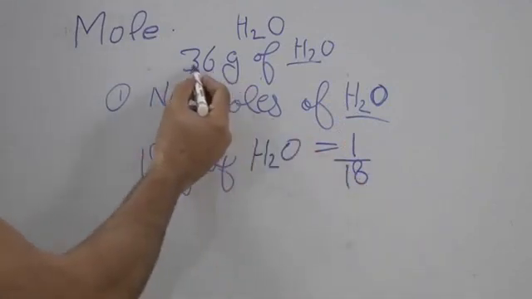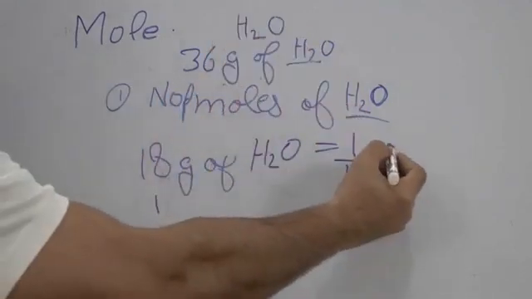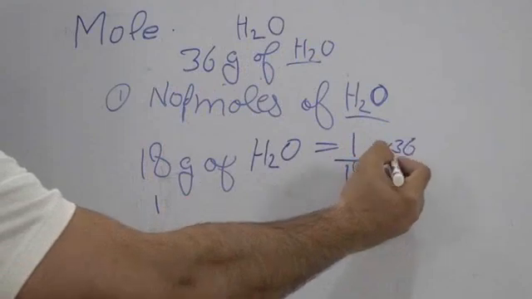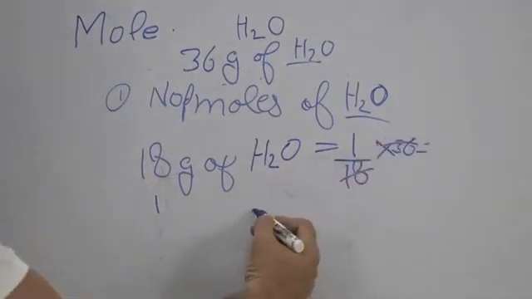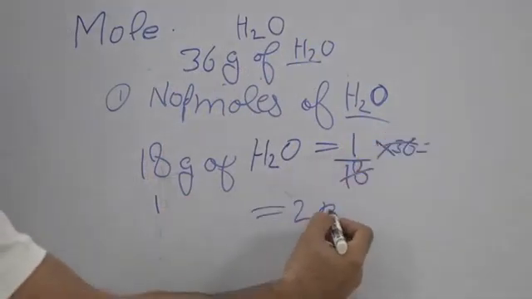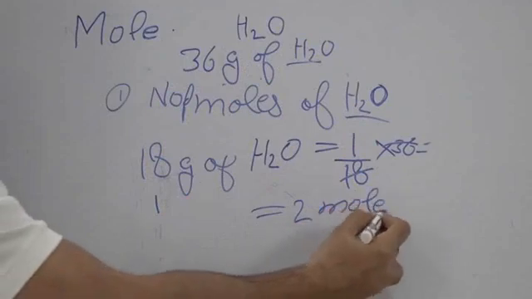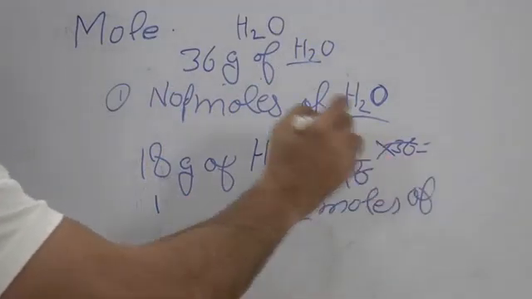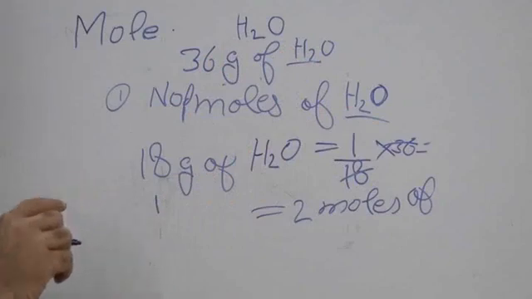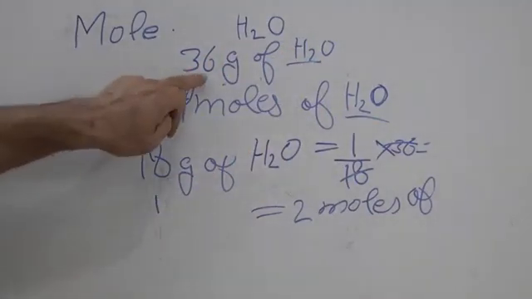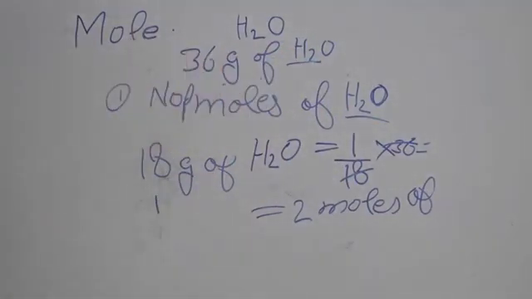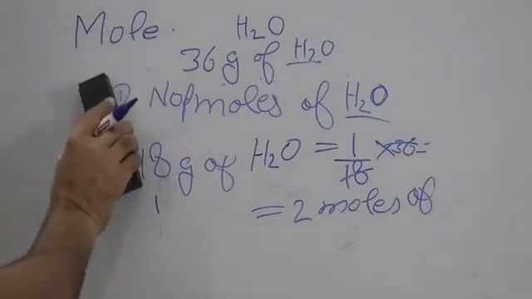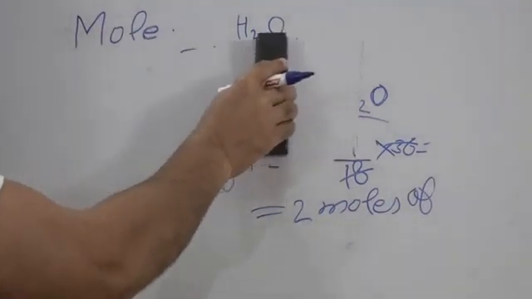And we have to find for 36, so 36 into 1 upon 18. 2 moles of H2O is there in 36 gram of water. Is that simple? Let us further go ahead.